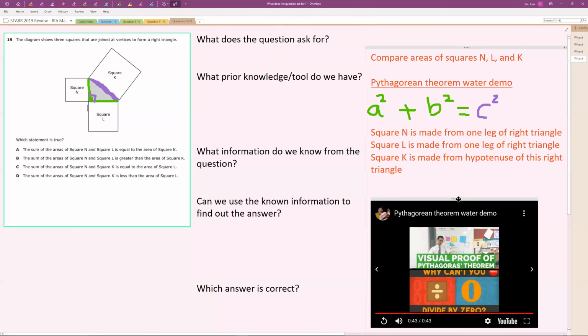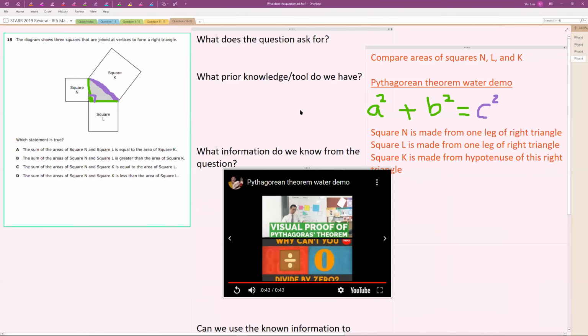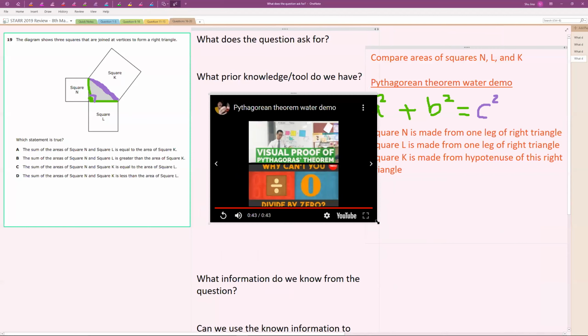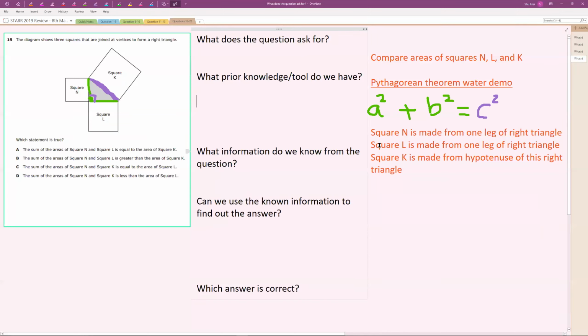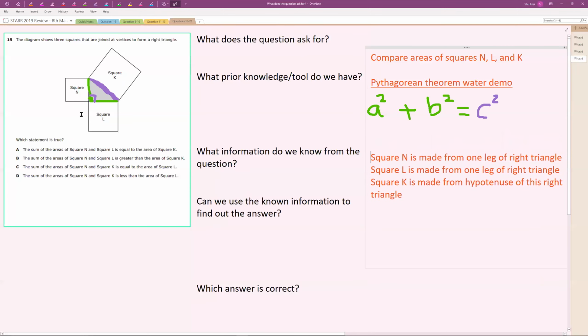Now that we have learned this, if we remember it, then this question will become very easy for us to solve. From the question, we can see here in this right triangle, square N is made from one leg, and square L is made from another leg. And square K is made from this hypotenuse.